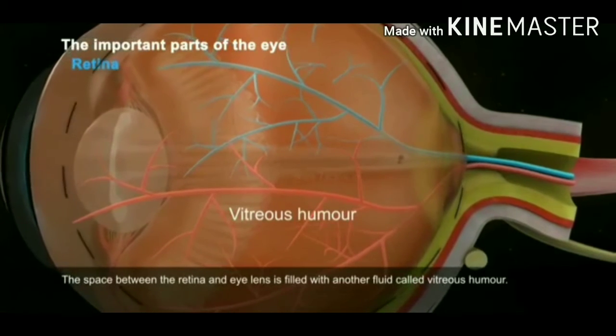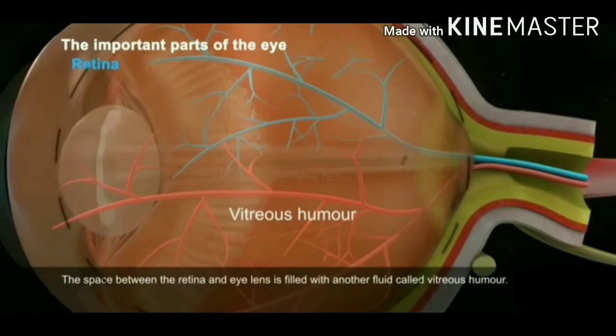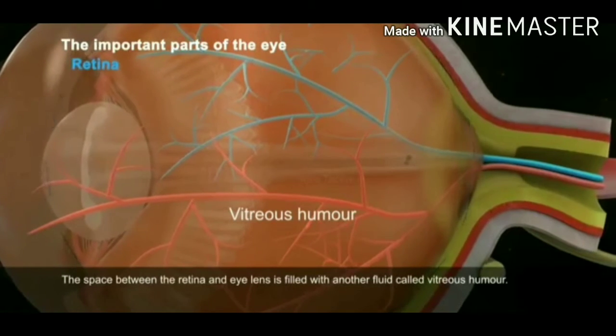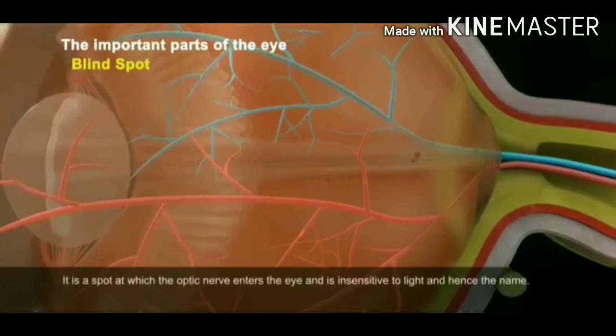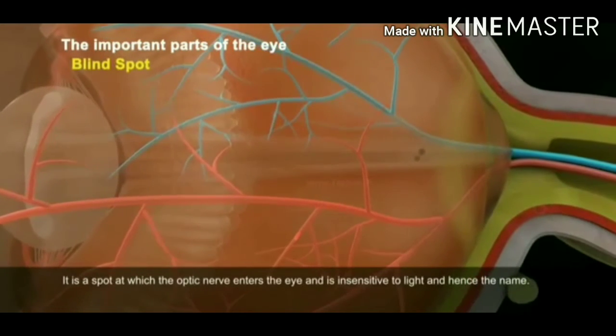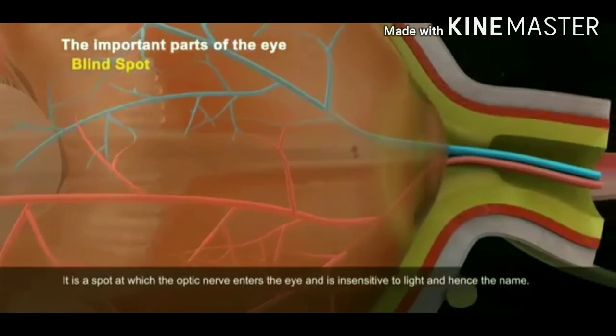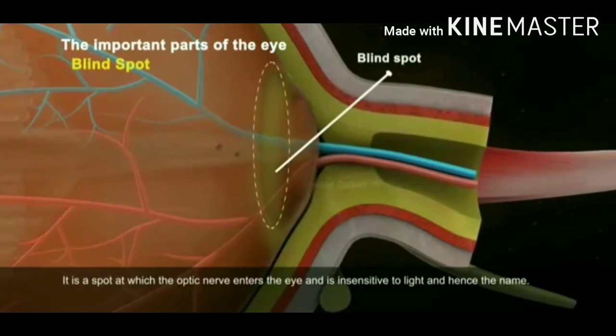The space between the retina and eye lens is filled with another fluid called vitreous humor. It is a spot at which the optic nerve enters the eye and it is insensitive to light, and hence the name.